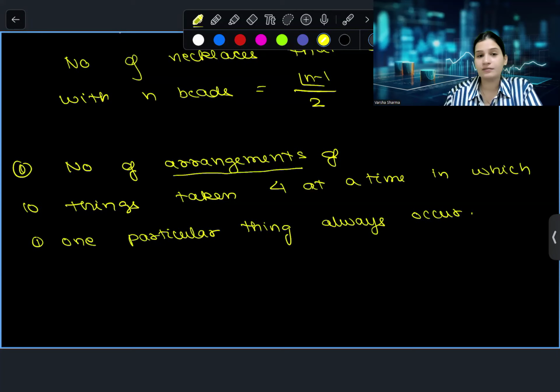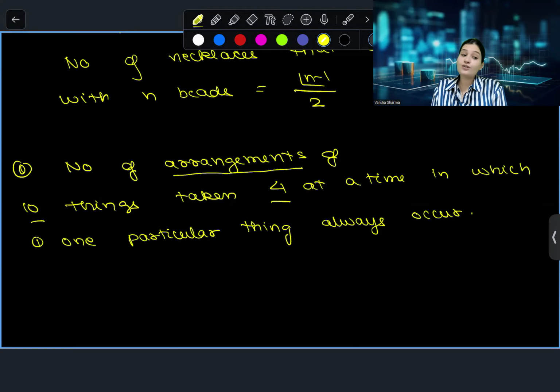Since it is arrangement and out of 10 you need 4, it is selection plus arrangement. So permutation will be used. One thing will always be there. So one position is already filled. And out of 9, I only need that. No.